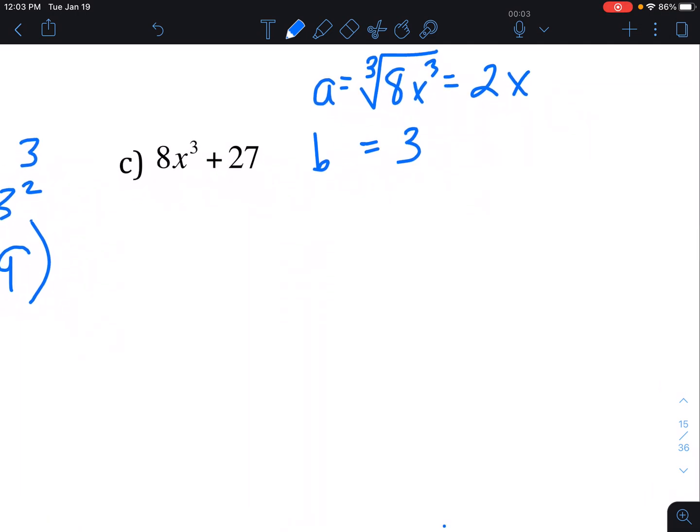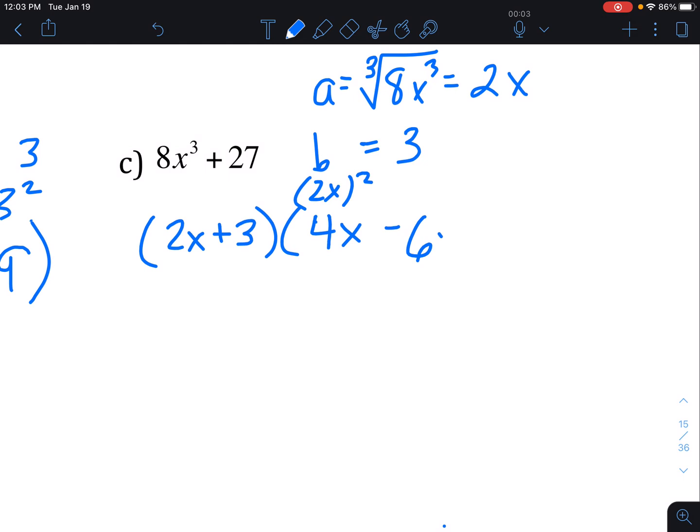And now we're going to use our first formula, so A plus B, parentheses, A squared, so be careful there. That would be 2x squared, so that'll be 4x squared, and then minus A times B, so 2x times 3 is 6x. Oh, I forgot to put the squared here. And then plus the B squared, so 3 squared is 9.